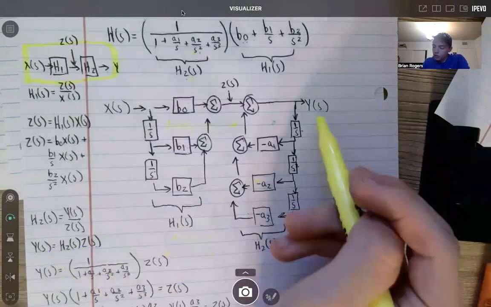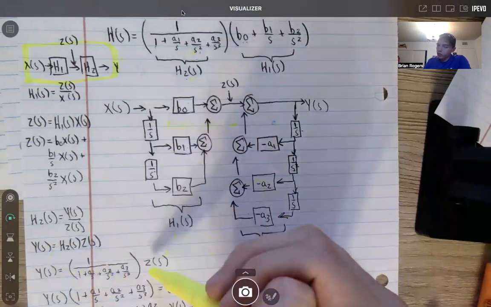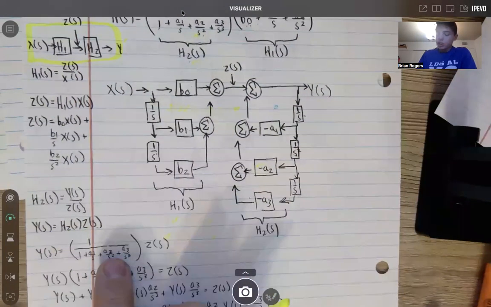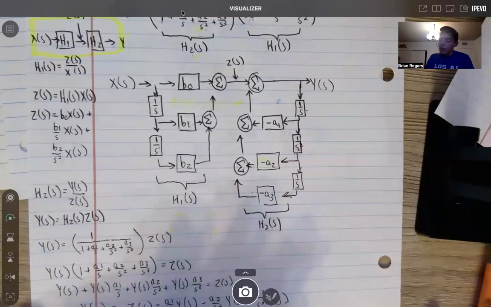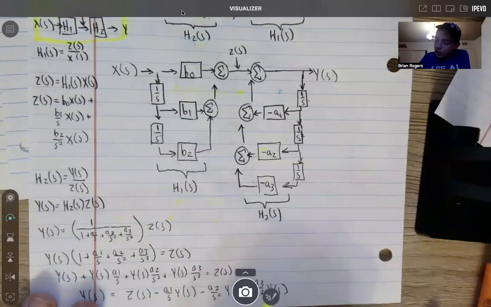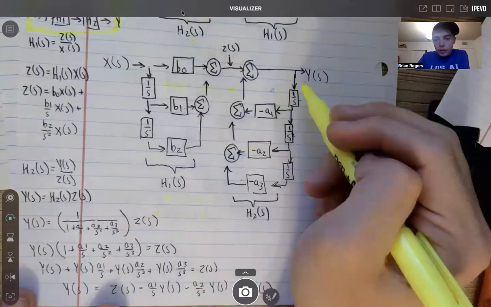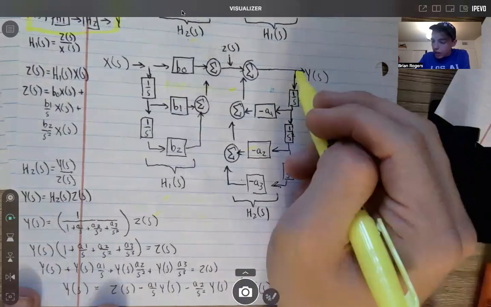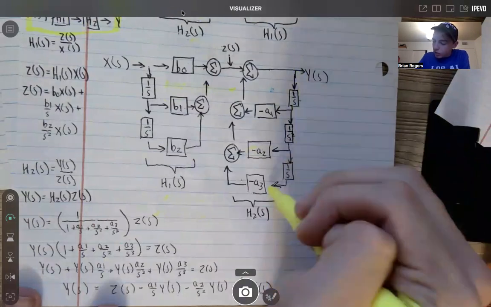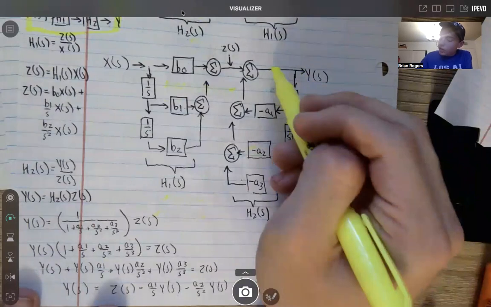And then we notice here it gave us this really big fraction. So we multiply both sides by this fraction here. What happened is we were able to solve for Y of s, but here we had some terms still with Y of s in them. So we had to define our integrators here with Y of s connected to the output. Then we used our Z of s also as our input, and that's where Z of s was right here.